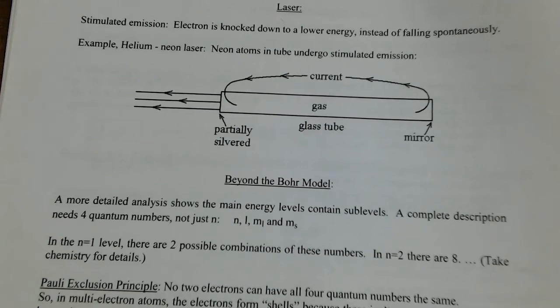If you shoot a lot of electrons through a gas, when the electrons collide with the gas molecules, they will give those molecules a little jolt of energy and kick them up into an excited state. Before long, the electrons return to the ground state, giving off light as they do so.